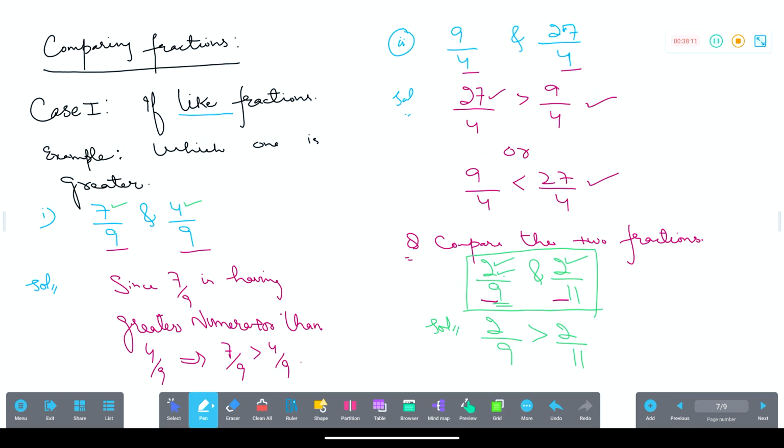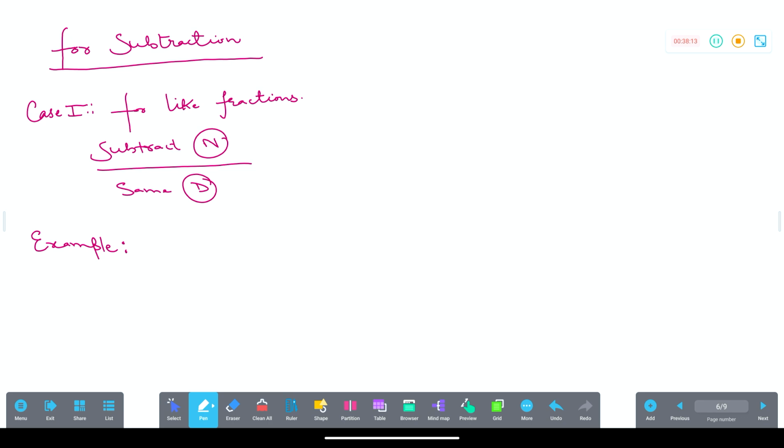Here it is. I am writing: subtract 1 by 7 and 9 by 7. I am writing the solution here.